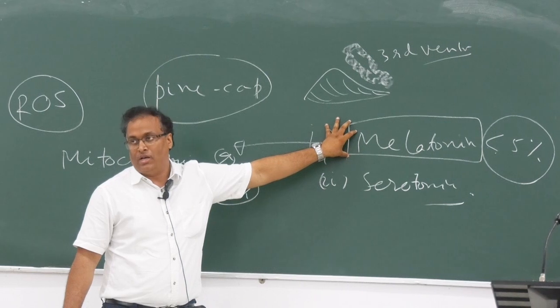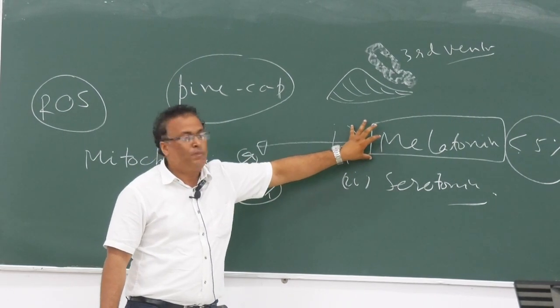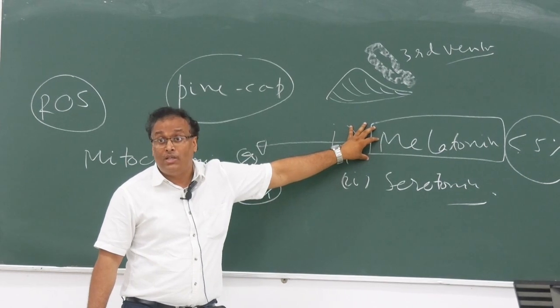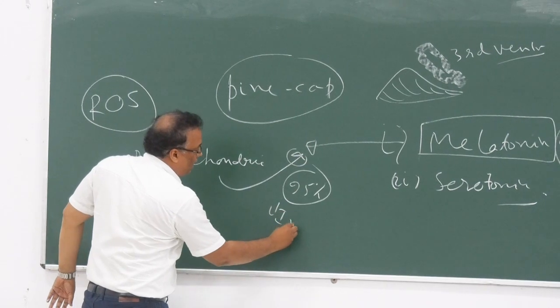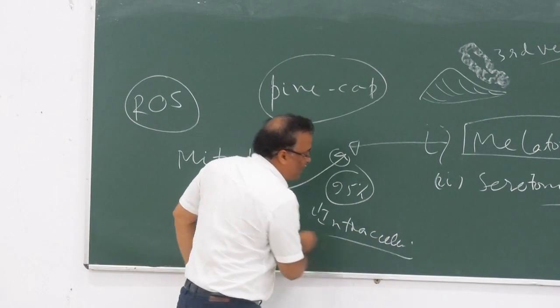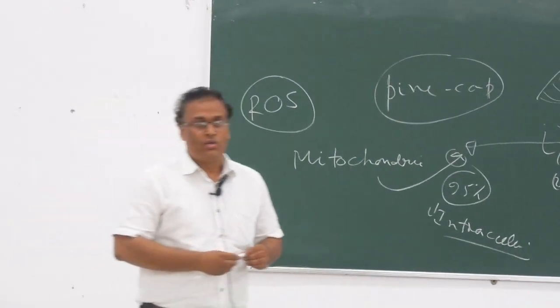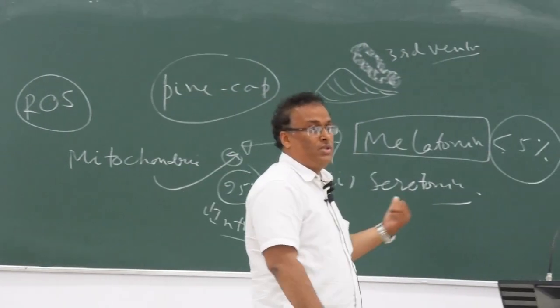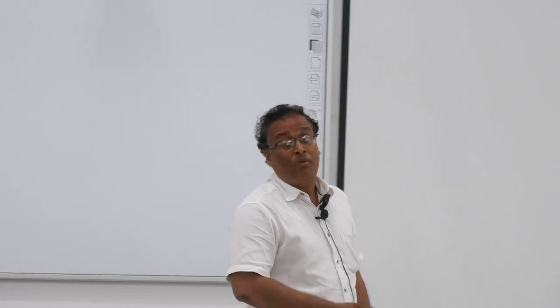Whenever you measure melatonin levels, like insulin, only this part will show up, because this is the circulatory part, and the rest is intracellular. It is present inside the mitochondria. If it is intracellular, why would it come into the blood? It will not, so we can't detect this 95%.